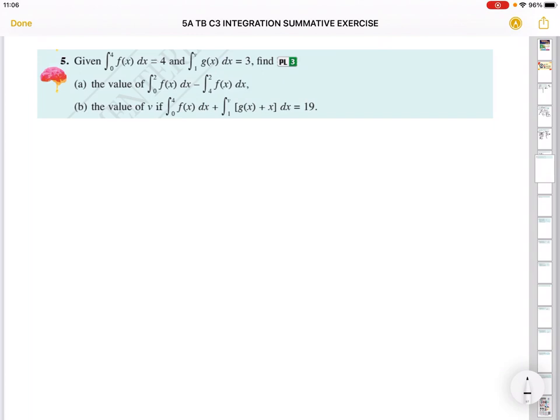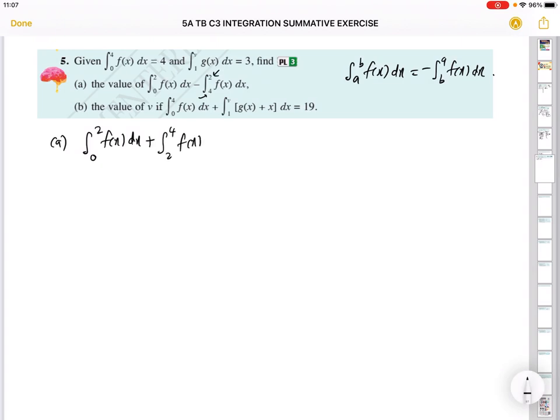You know that when I integrate, let's say, a to b f(x) dx, it is the same as negative b to a f(x) dx. So I'm going to apply this formula for the second integral here. So you can see this is 4 to 2. So we're going to put a negative in front, so automatically it becomes positive 2 to 4 f(x) dx.